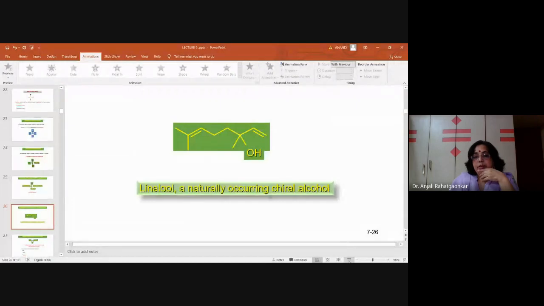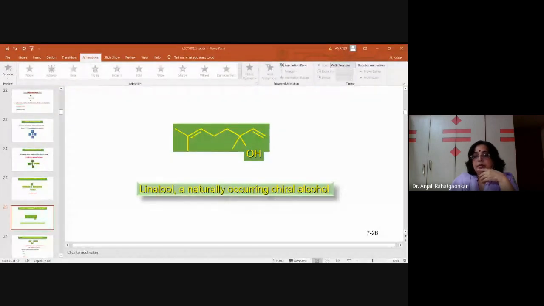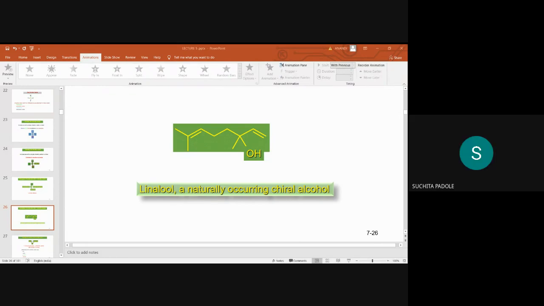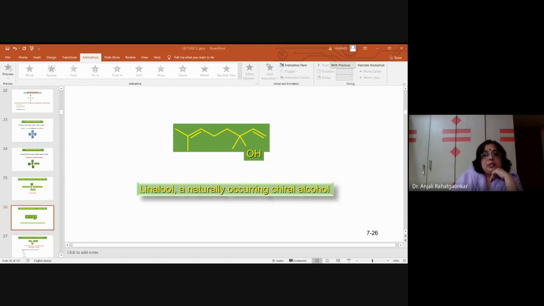Just identify it. Third carbon. So I am just numbering one.